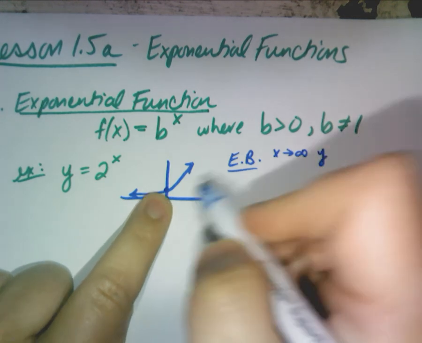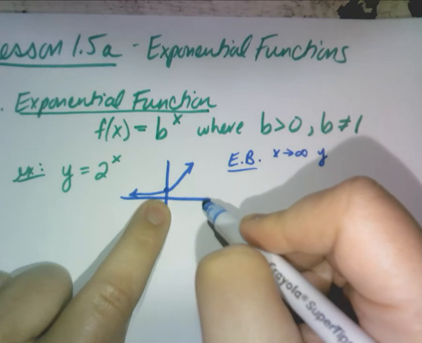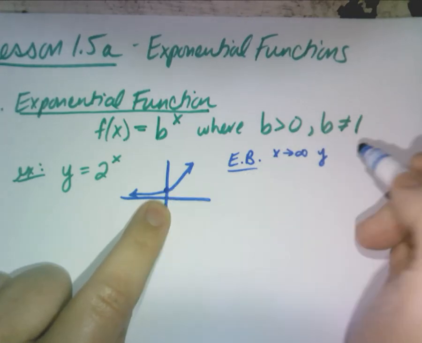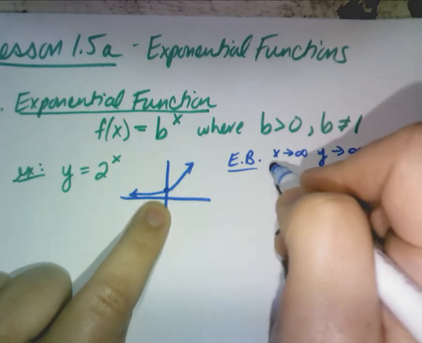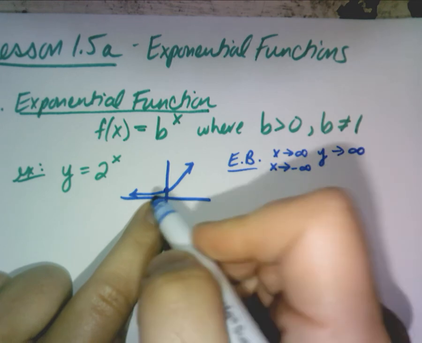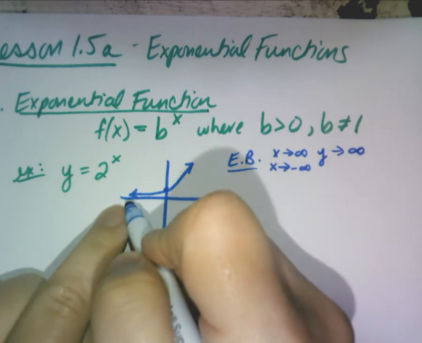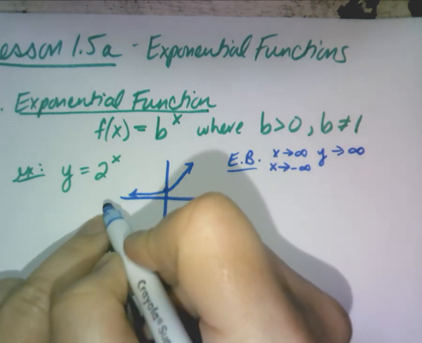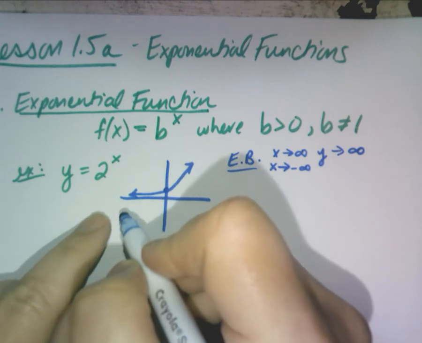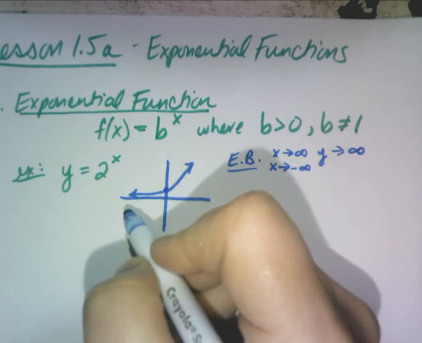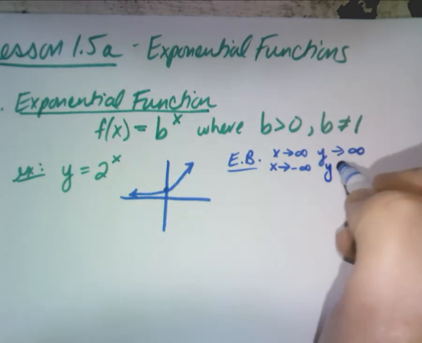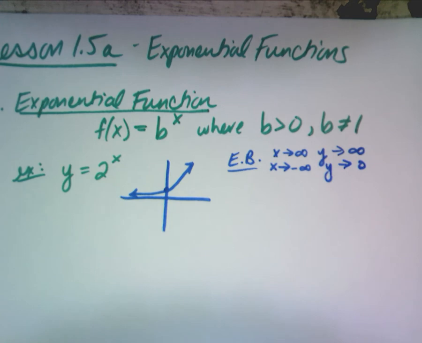What are your y values getting as x goes to infinity? They're increasing, so they're going to infinity. But as x goes to negative infinity, as x gets more and more largely negative, like negative 1,000,000, what are your y values approaching? 0. It's very important.